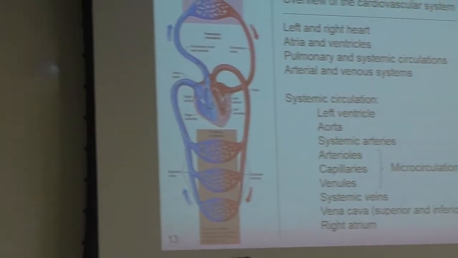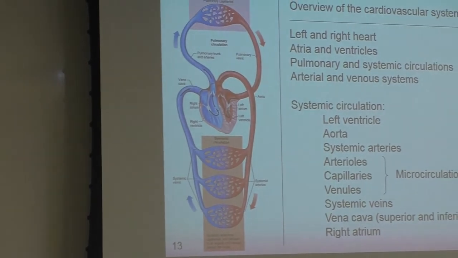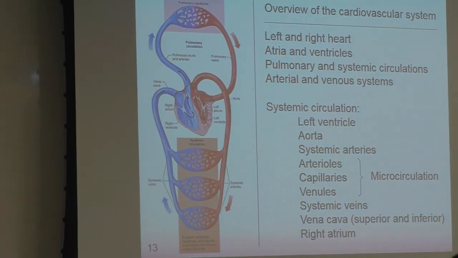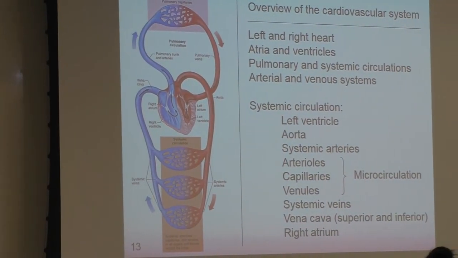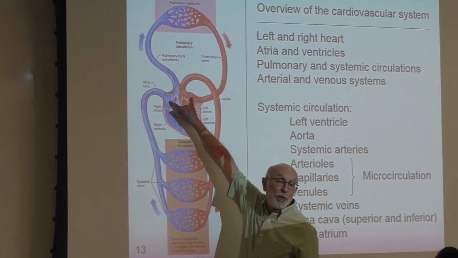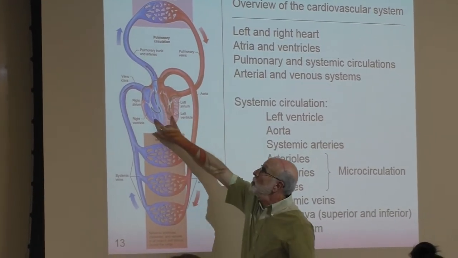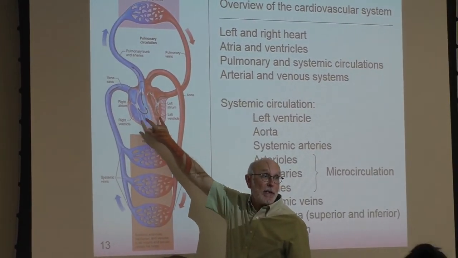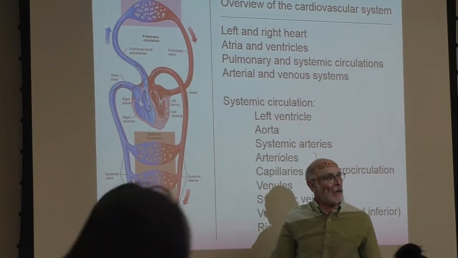The right atrium and the right ventricle form the right side of the heart. The atria are superior and the ventricles are inferior in the heart. You're going to be seeing this in the lab today. I'm just orienting you.